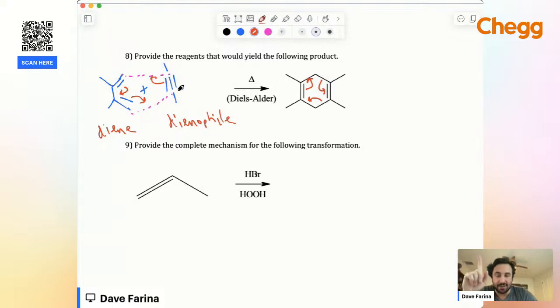And one of these pi bonds, only one, goes to make this new sigma bond, which leaves a pi bond. That leaves one of those pi bonds there. So here are the two new sigma bonds that form. And let's just erase this. We don't need those. Okay, so there's your Diels-Alder. Not too hard once you get the hang of it.